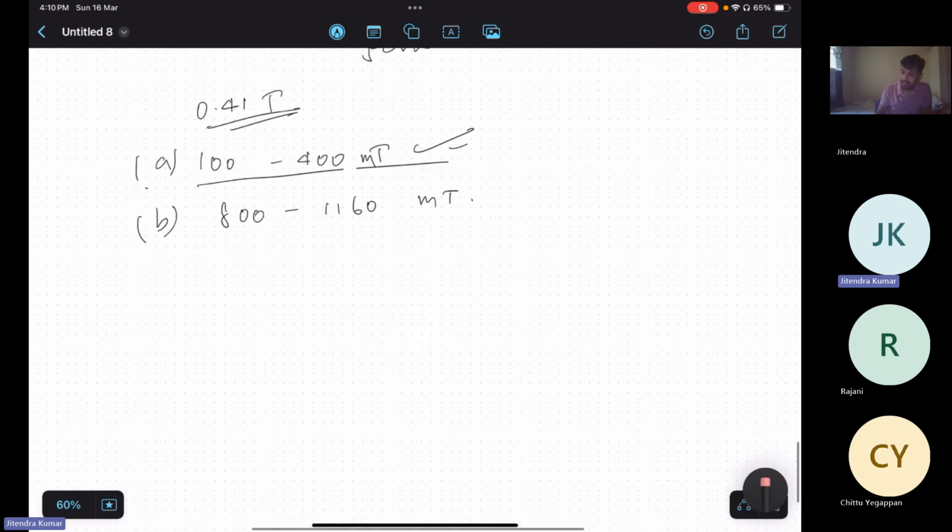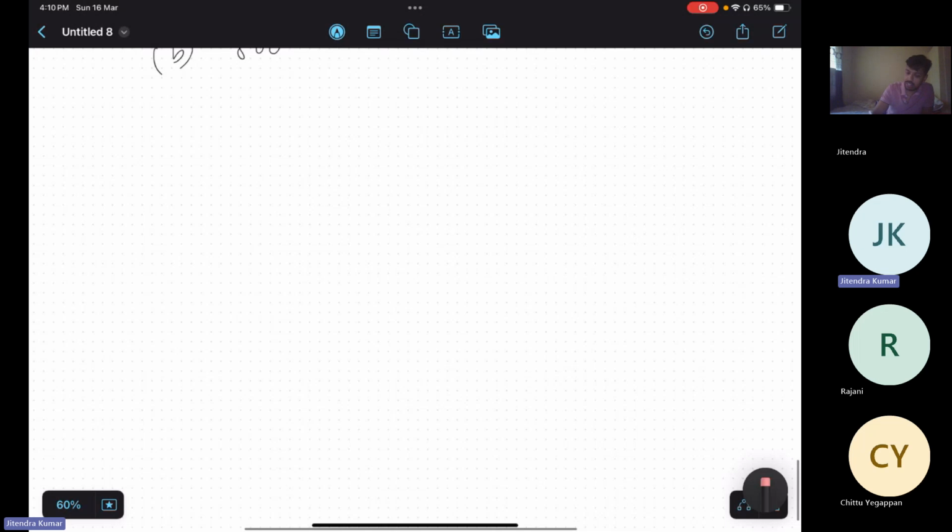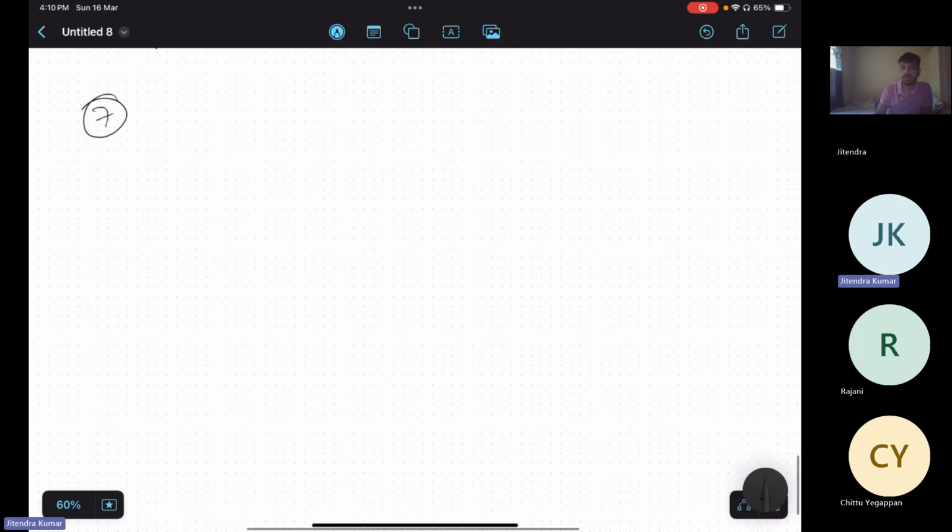Anyway, let's move on to the next problem. A permanent magnet in SPM. SPM means surface mounted permanent magnet. In a surface mounted PM motor, magnets are glued on the surface of the rotor.